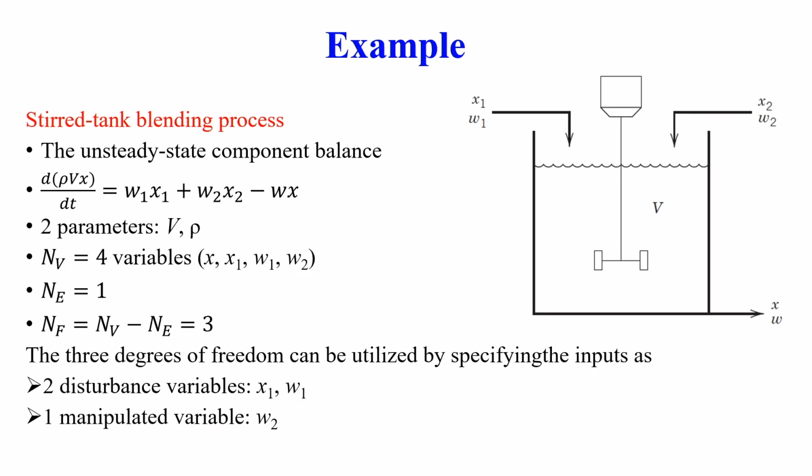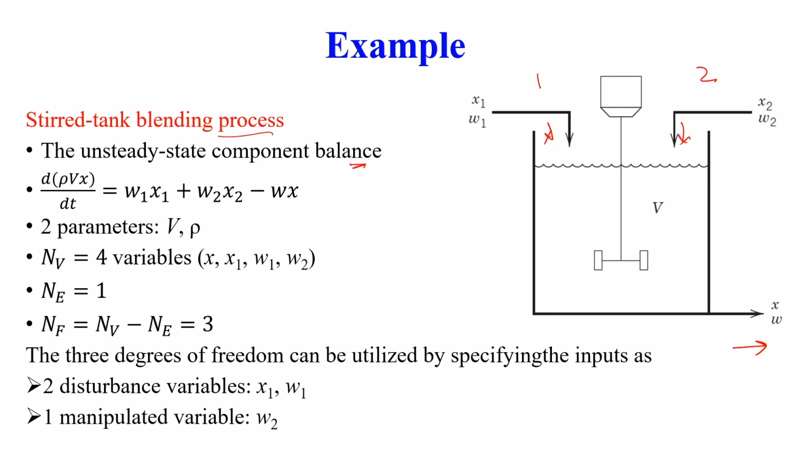So let us see one example here. You have this stirred tank blending system where two streams, stream 1 and stream 2, are getting mixed, and this is the outlet. We have two inlets and one outlet. Now, first thing, we can simply apply this mass balance equation to write the unsteady state balance.